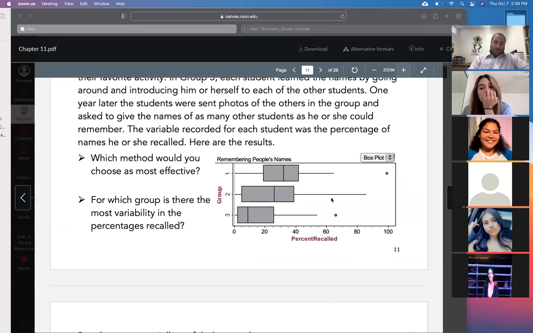Group 2 had 25% of the people here, 25% here, 25% here, and a full 25% of the people in group 2 remembered fewer than 5%, right? That's the first quartile, and they remembered very little. Whereas for the first group, the first quartile was somewhere between 0 and 20. So I think the median is most likely the best measure of effectiveness in this case.